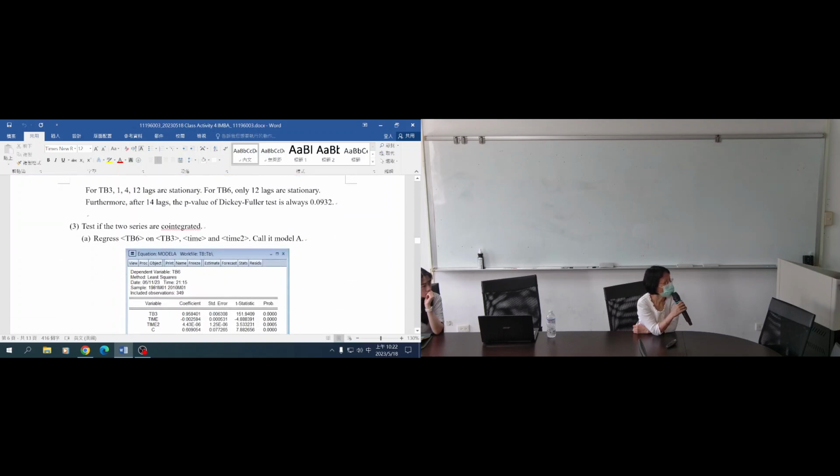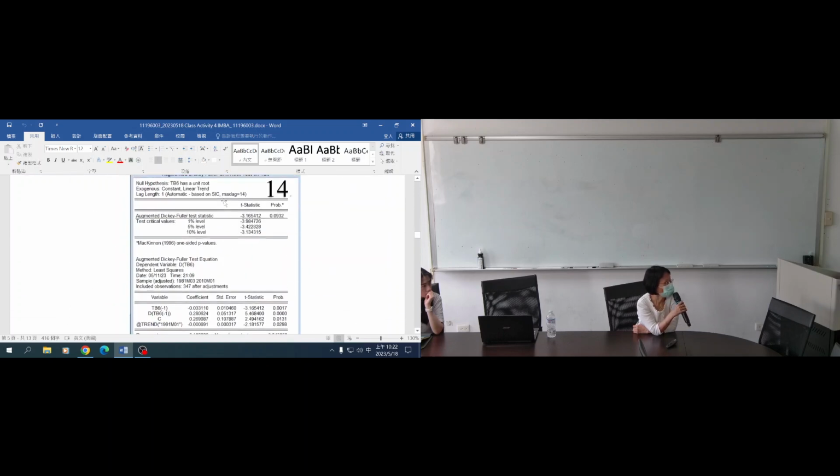So actually, we don't have to really insist on 5%. If we use 10%, it seems that they all reject the null hypothesis. So they do have stationarity.